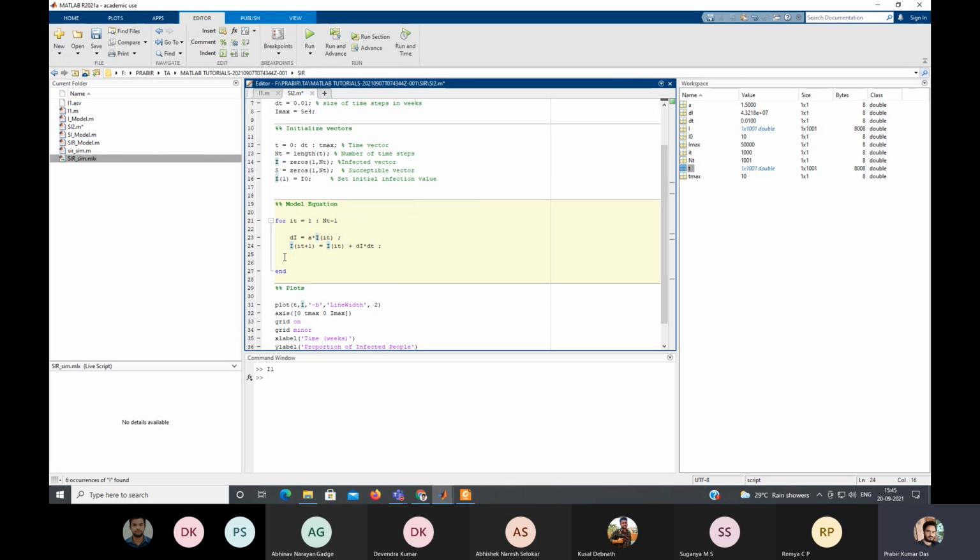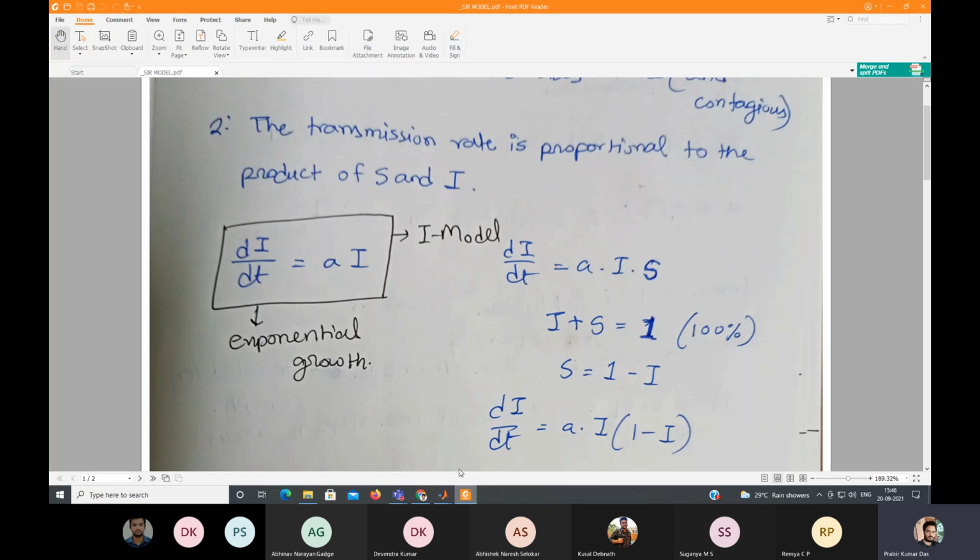Now we have to change a little bit in our code. What we are going to model are these two equations. One is di dt is equal to a into I into S, and I plus S equal to 1. These two equations we are going to use.